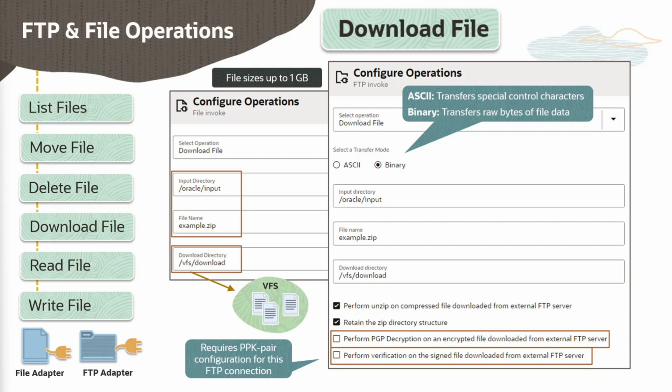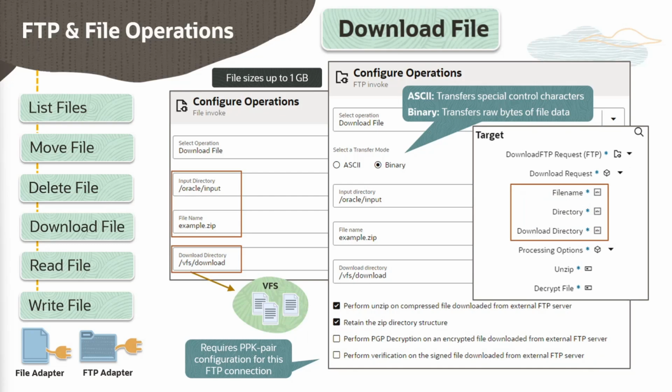Now, when editing the map action, both adapters provide for dynamically assigning values for the file name, directory, or download VFS directory. Of course, only the file adapter will include these Boolean processing options.